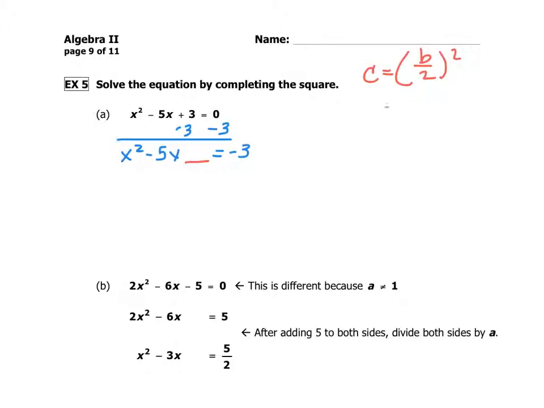So in this case, we've got negative 5 over 2 quantity squared, and this happens to equal 25/4. Now this is not an ideal situation, but fractions are going to happen. So here's what we're going to do. Add 25/4 to both sides.